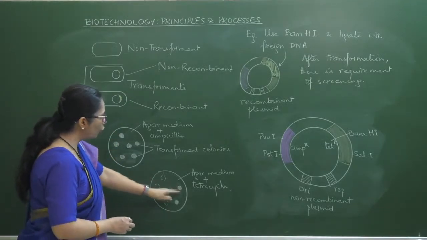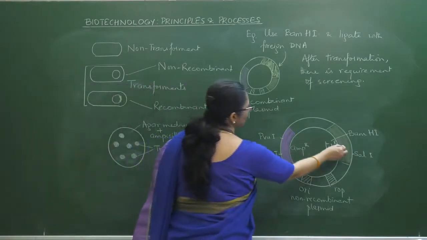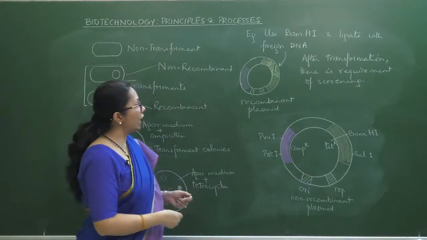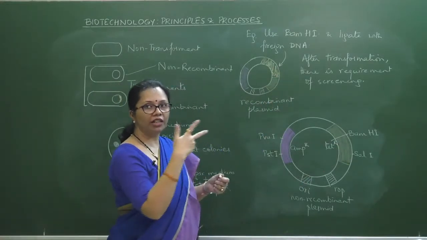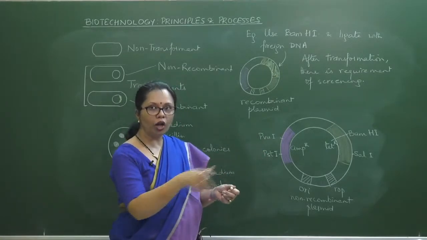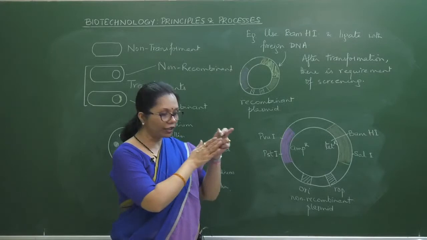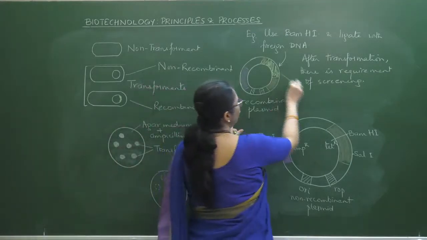So who will be able to develop? The one in which the tetracycline gene is working. In this case, the tetracycline gene will not work because that gene has been cut and in between there is a stretch of DNA which is not part of that gene. So the gene has to be in continuation, then only it can work. So in this case, you see what has happened?